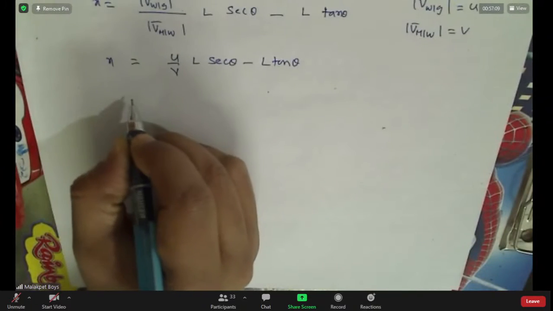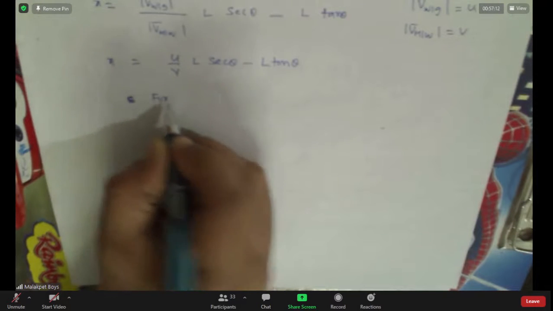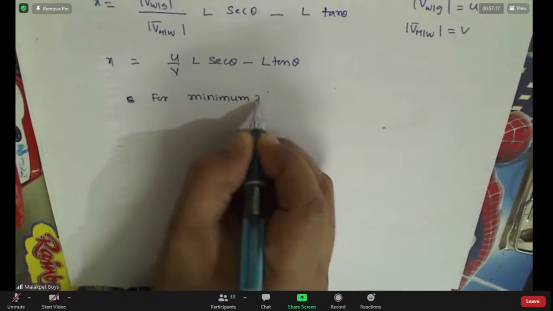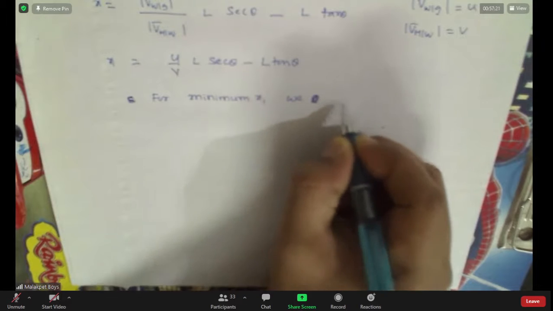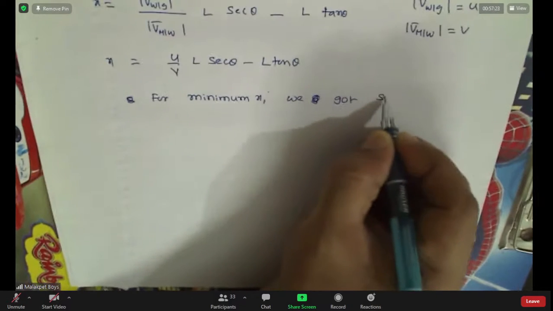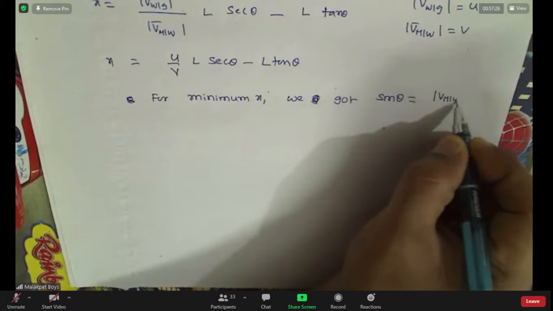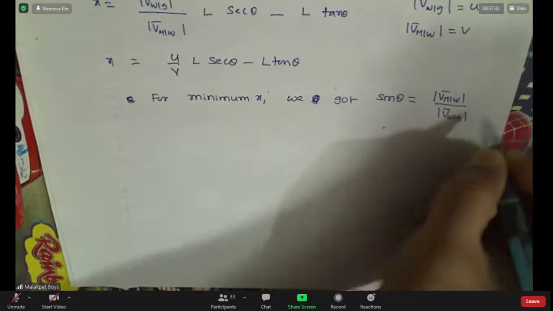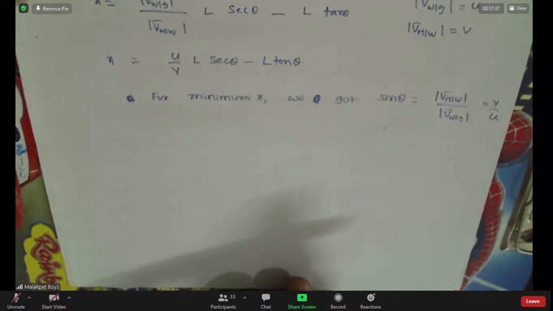Clear? Now you got sine theta, understood this or not?